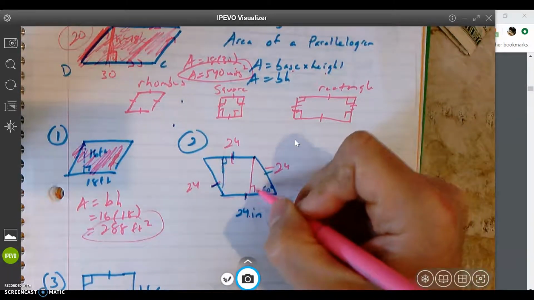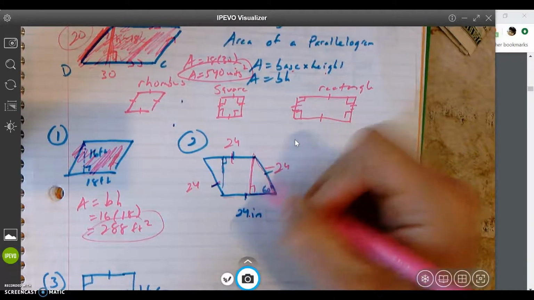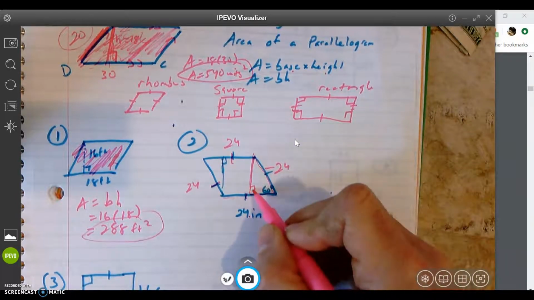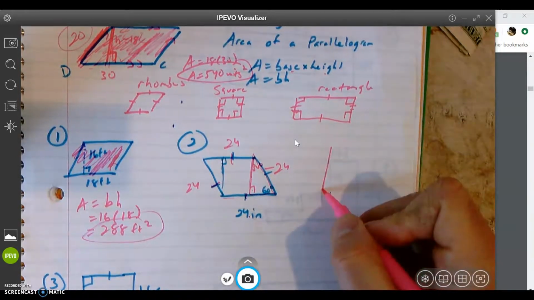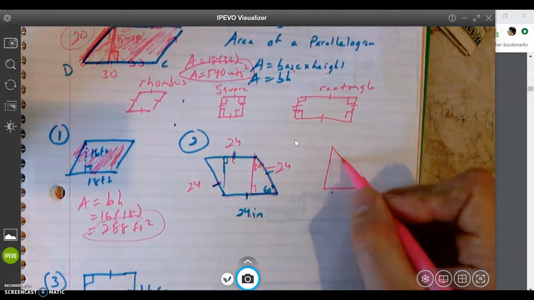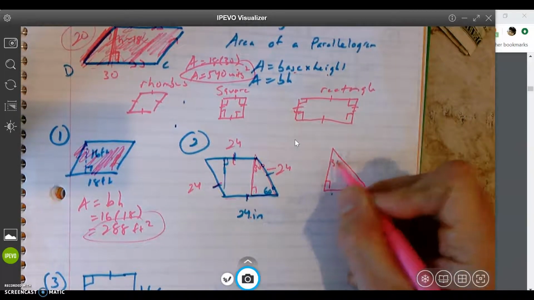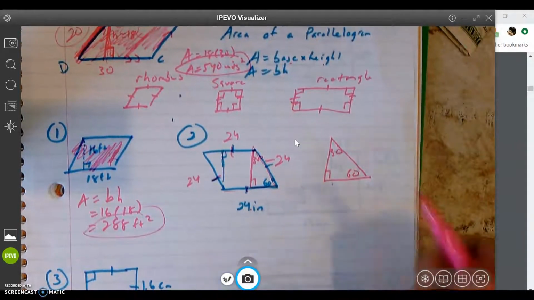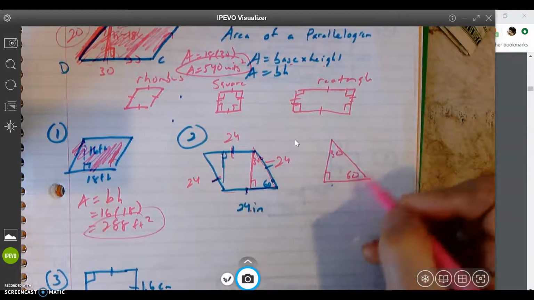So the height is here, and look, there is a triangle we've made. This looks like a special triangle, doesn't it? So if this is 60, that's 90. This is 30 degrees. And so let's go back to our 30, 60, 90 triangle. Draw this off to the side. And if you don't remember, go back and look at your notes because you should have this in your notes somewhere. 30, 60, 90.